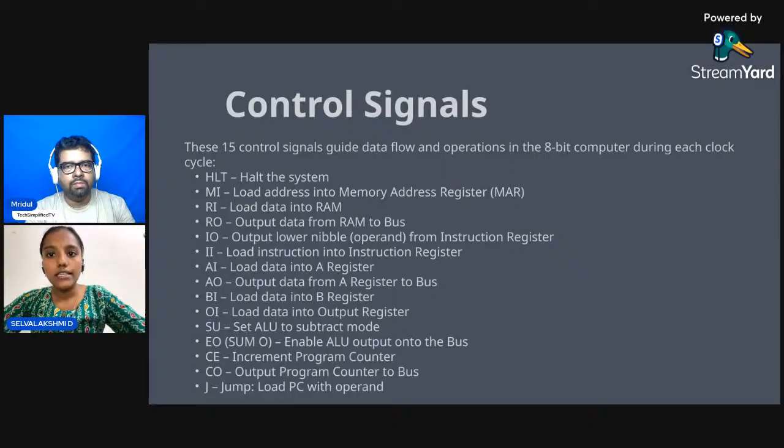And EO is enable ALU output onto the bus. With this only we can see the output values of addition and subtraction. CE and CO are program counter enable and program counter output. Each program counter enable press will increment the program counter. And the jump is to load PC with operands.